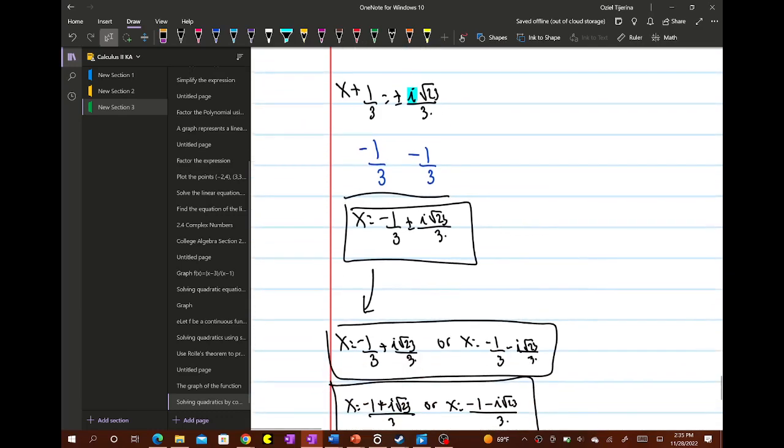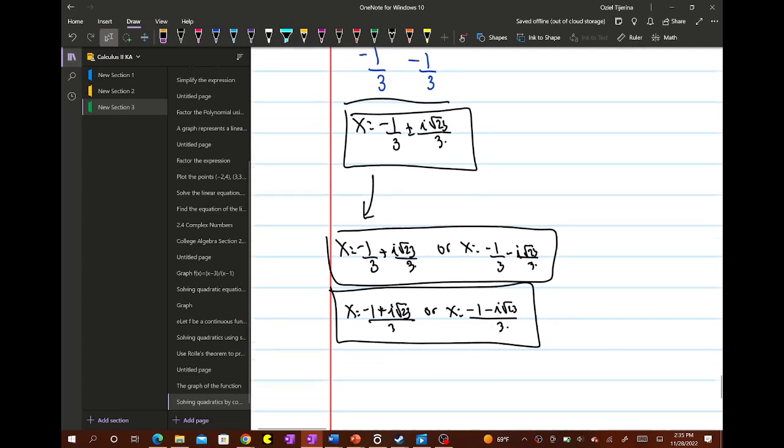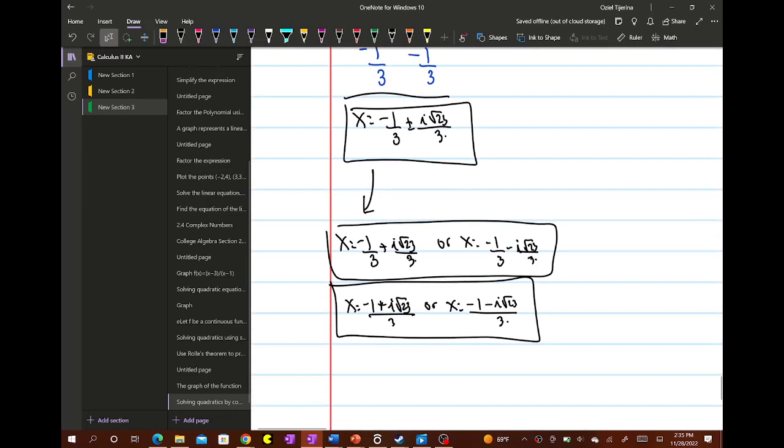And then I went ahead and I subtracted 1/3 on both sides. And I got x equals negative 1/3 plus or minus i square root of 23 over 3. Now, I went ahead and wrote it a few ways in case your professor ever writes it a different way.